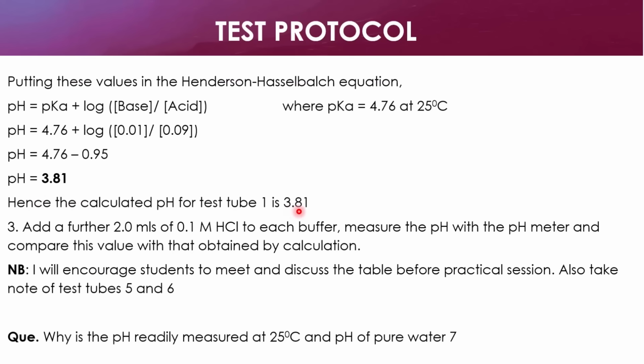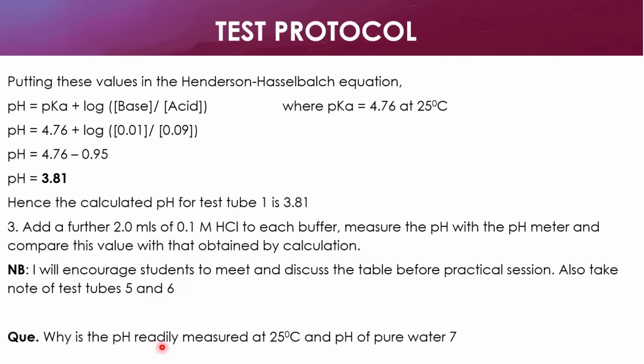This is my assumed table of results. As you can see from the table, we have our test tubes from test tube 1 to test tube 6, the calculated pH using the Henderson-Hasselbalch equation, the measured pH without HCl with the pH meter, and the measured pH with HCl with the pH meter.